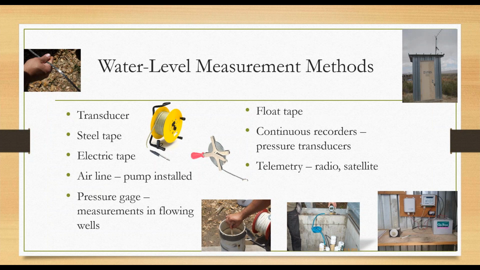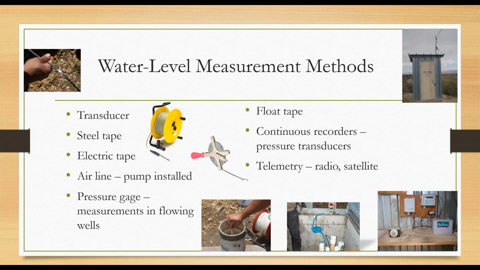Okay, there are different methods to collect water level measurements. We use transducers to help collect continuous measurements, steel tapes, e-tapes, electronic tapes, and airline, which are usually put in a pumped well. Let me go back a little bit.